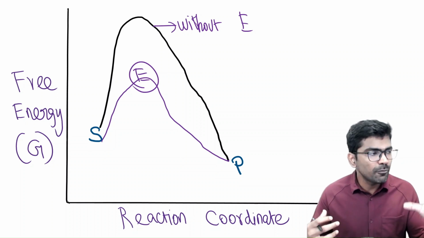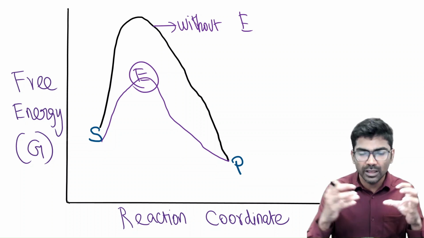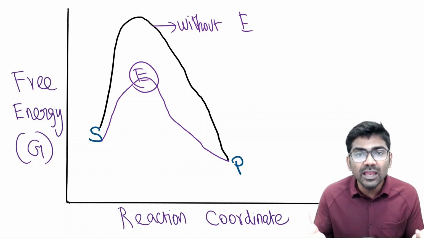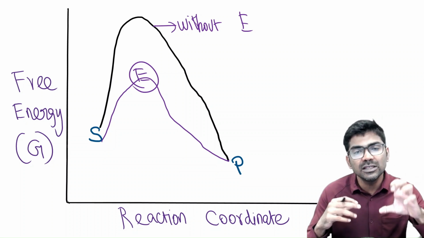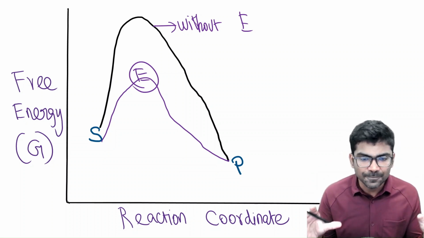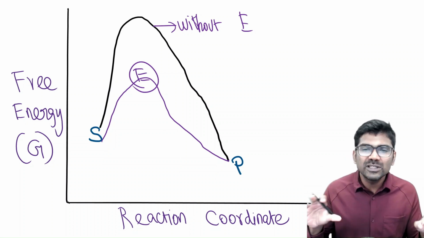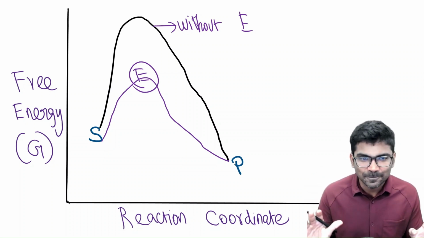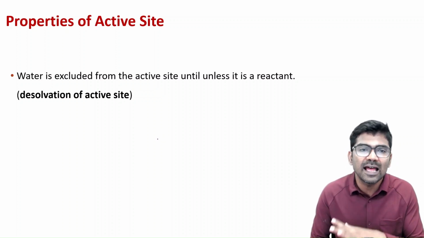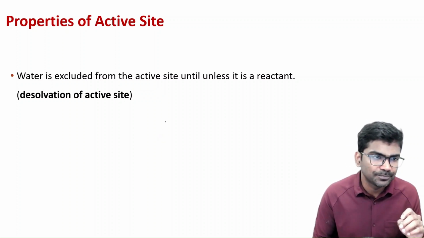It is because binding of substrate to enzymes releases some energy. That energy is known as binding energy. So this binding energy is used to decrease the activation energy. Let's not go too deep into this thermodynamics. So active site is complementary to the transition state rather than substrate.